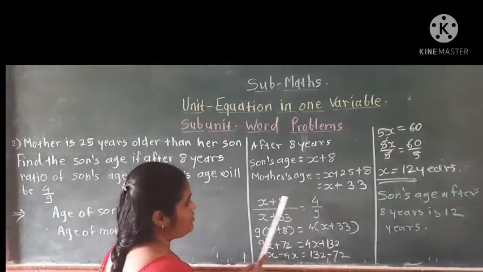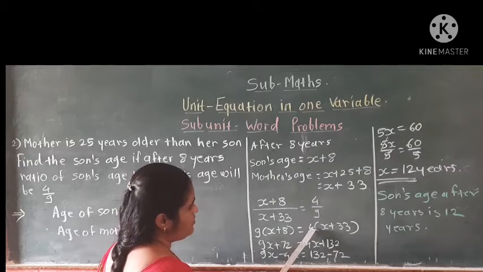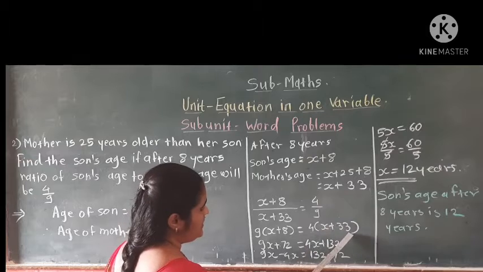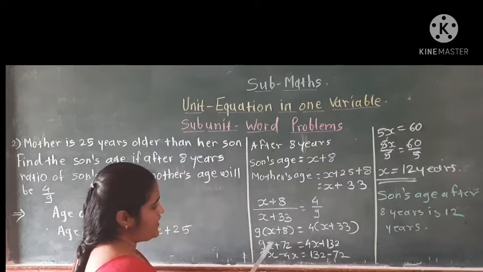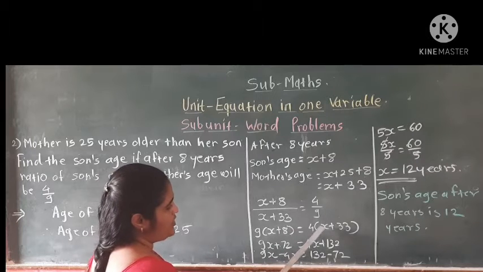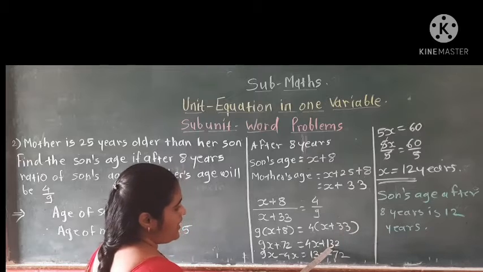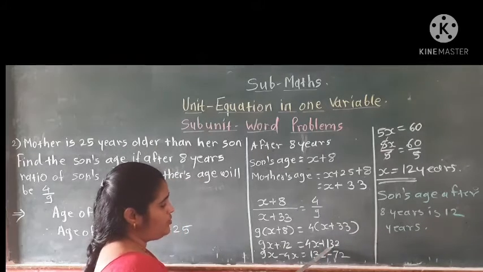Then we have to cross multiply this equation. 9 into bracket x plus 8 is equal to 4 into bracket x plus 33. 9 into x, 9x, 9 eights are 72, is equal to 4 into x, 4x, then 4 into 33, answer is 132.